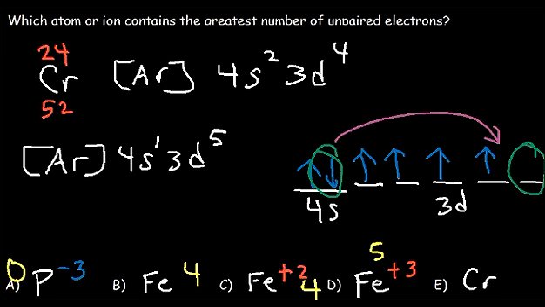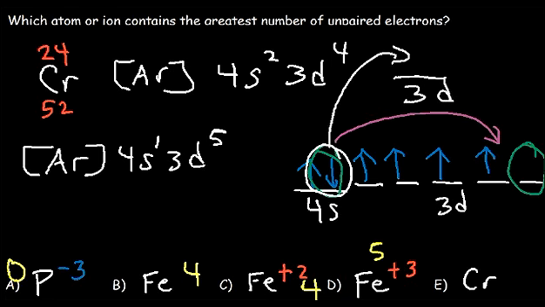Now granted, the only reason why this is possible is because the 4s sublevel is very close in energy to the 3d sublevel. If the 3d sublevel was significantly higher in energy, the electron would have no desire to jump to this higher energy level. It would rather be paired and be in a lower energy level than jump to a very high energy level. So only because the 3d sublevel and the 4s sublevel are very close in energy, that's why it jumps higher to become more stable and to be unpaired.